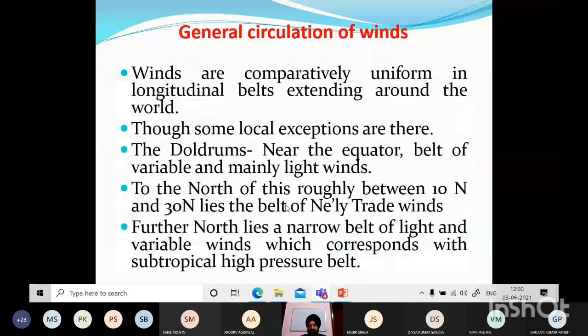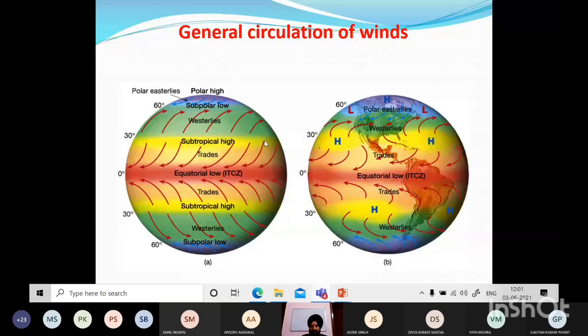So winds are comparatively uniform in longitudinal belts extending around the world, though some local exceptions are there. Otherwise, near the equator what we call the doldrums, belt of variable mainly light winds, and then north of these doldrums or ITCZ, from 10 degrees to 30 degrees lies the belt of northeasterly trade winds. So basically, this is the ITCZ or doldrums, and from 10 to 30 degrees this area is known as the trade wind zone.